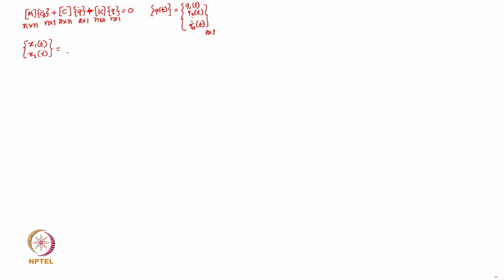So, what I can write here is that this x1, the response of the first mass, is going to be written as some arbitrary constant a1. You remember that we wrote this as cos(p1t minus phi1) for a 2 degree of freedom system, and the contribution from the second mode, which is b1 cos(p2t minus phi2).